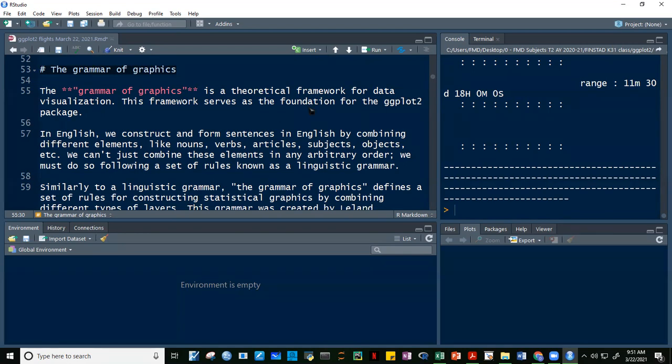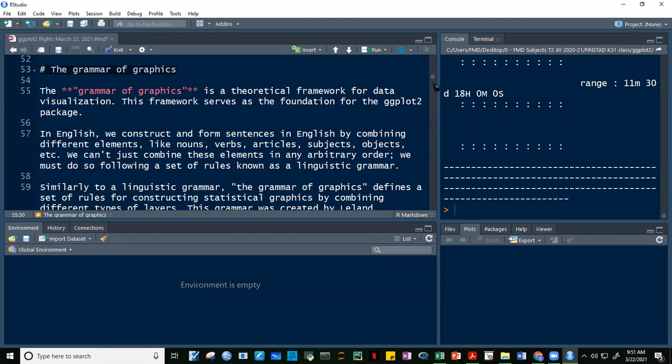Okay. The analogy is that in English, we form sentences by combining different elements. So you very well know that in order to construct a sentence, we have to have the subject, predicate, you have verbs, nouns, articles, these parts of speech. Okay, but we don't just combine them in any arbitrary manner. Otherwise, we won't understand, right?